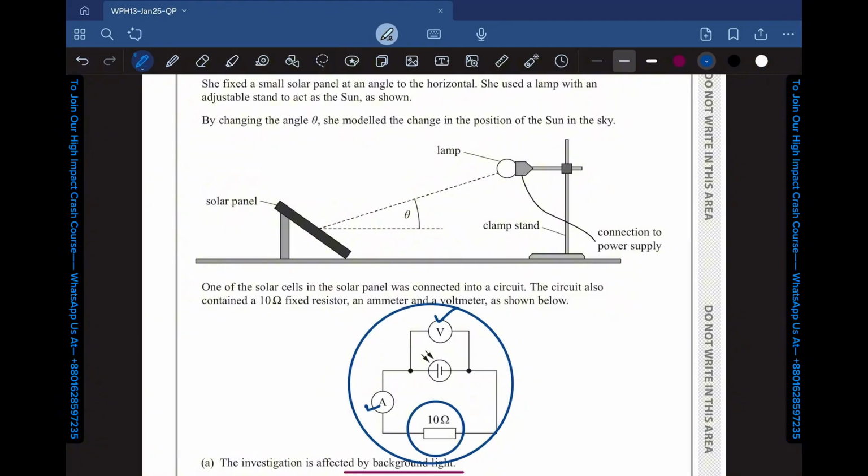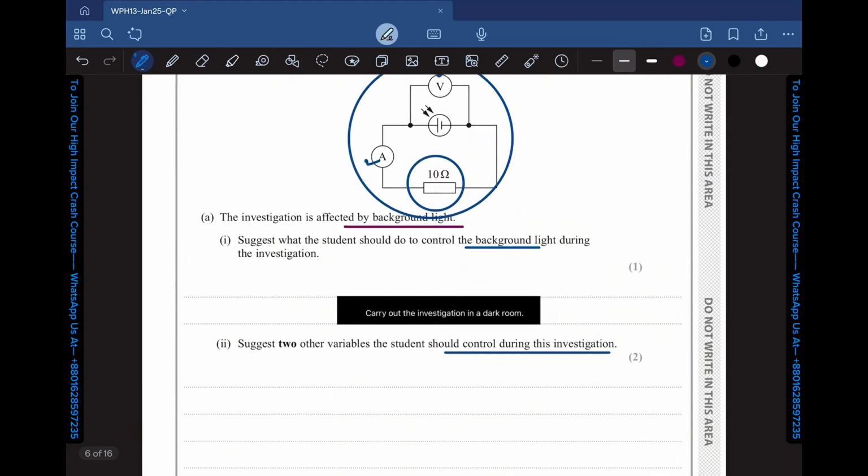And another thing is the power of the lamp should be the same as well. You are making a difference in the theta. He was changing that angle theta, but he should make sure that the intensity of the lamp, or the power of the lamp, is the same. By keeping the power of the lamp the same, by changing the theta, he can measure how much efficiency is coming, right? So this is what he can do.